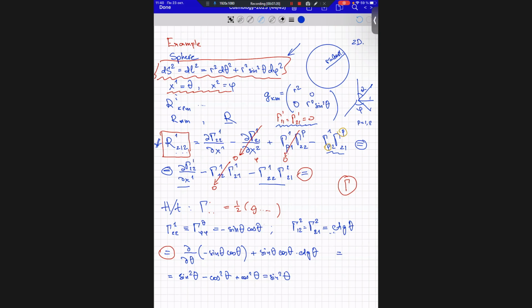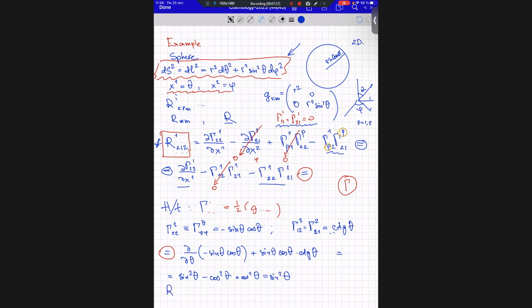So the curvature tensor has contravariant and covariant components. We would like to find the totally covariant component, because you will see that when we construct the scalar curvature, we will need this one.